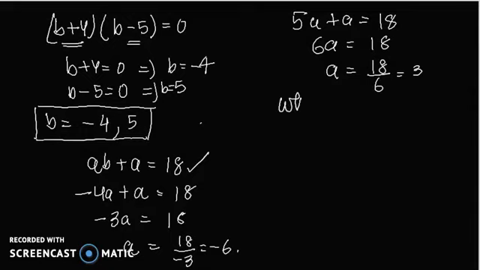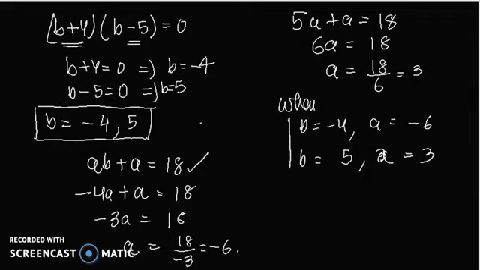So when b is negative 4, a we got equal to negative 6, and when b was 5, a we got is 3. So these are our answers. There are two sets of answers. a is minus 6 and b is minus 4, or a is 3 and b is 5.